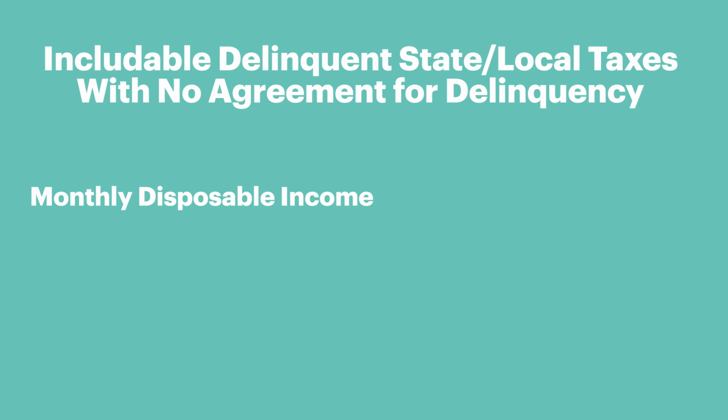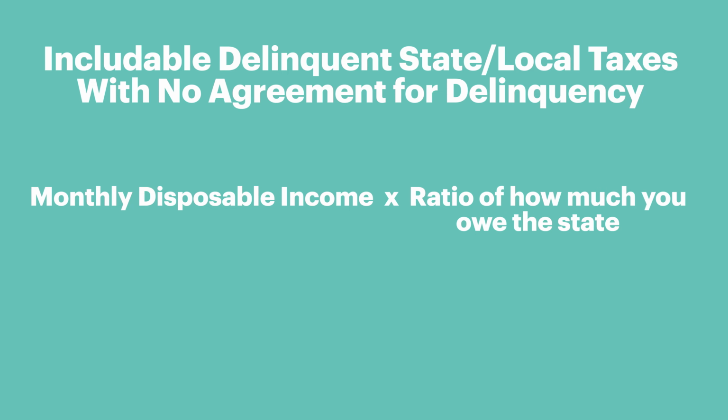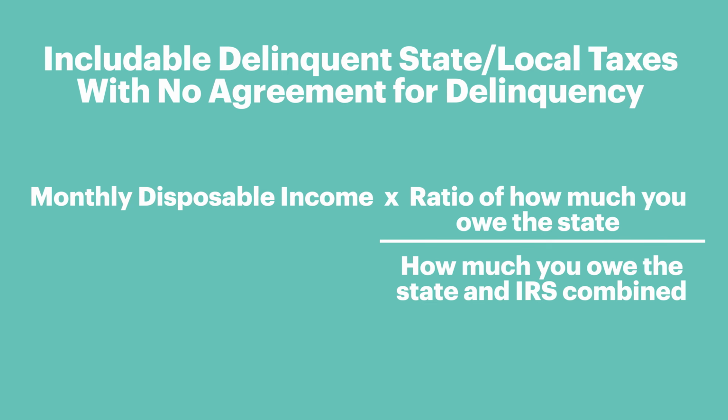on line 51. That formula is basically you taking your monthly disposable income and multiplying that figure by the ratio of how much you owe the state over how much you owe the state and the IRS combined.